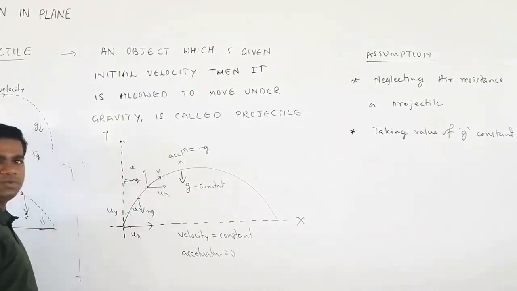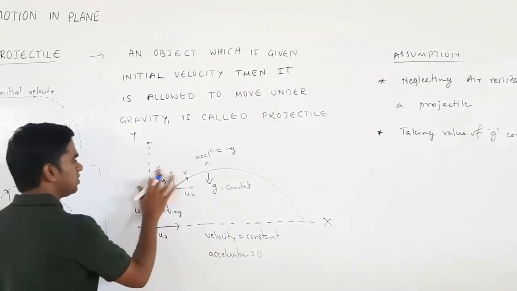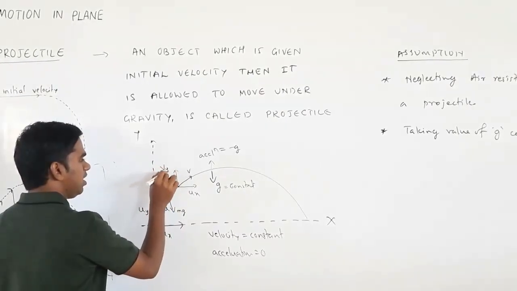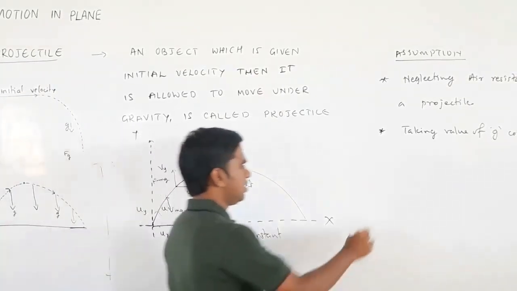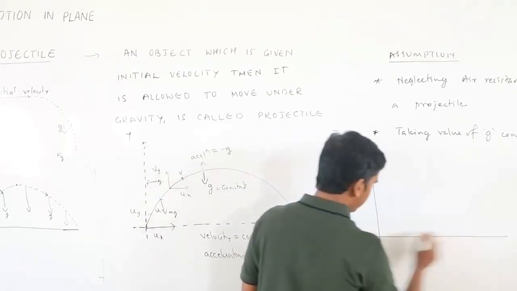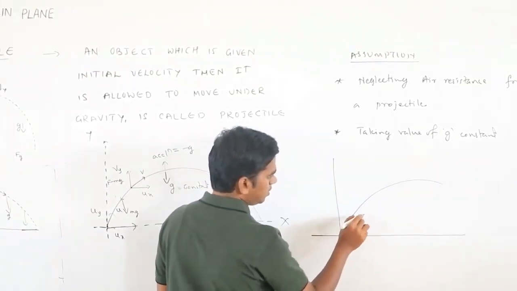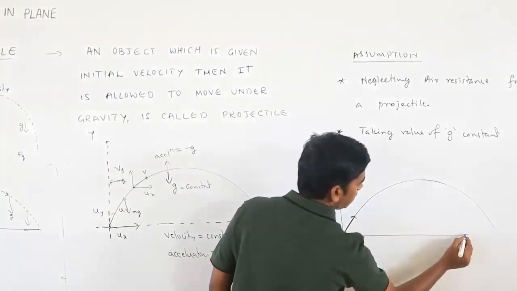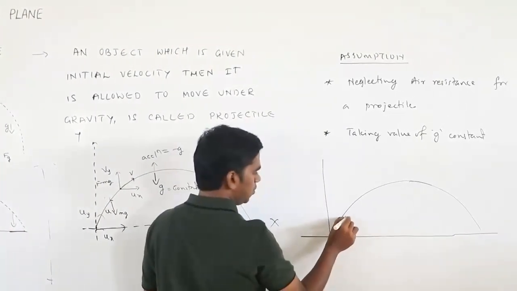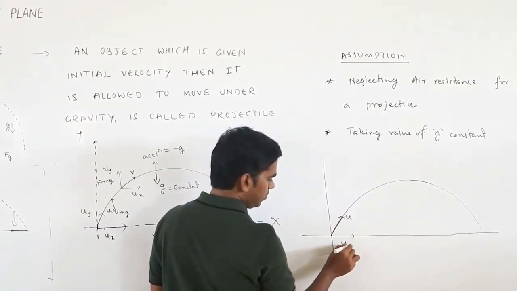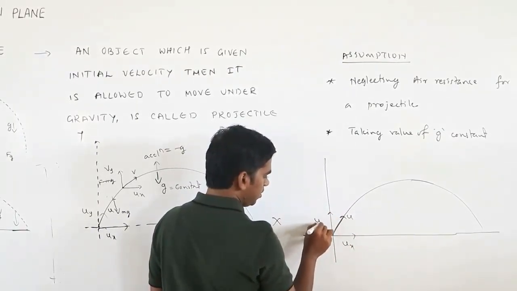You can say v, or vy. If I draw it here, it is going to be u. So along horizontal ux, along vertical uy.